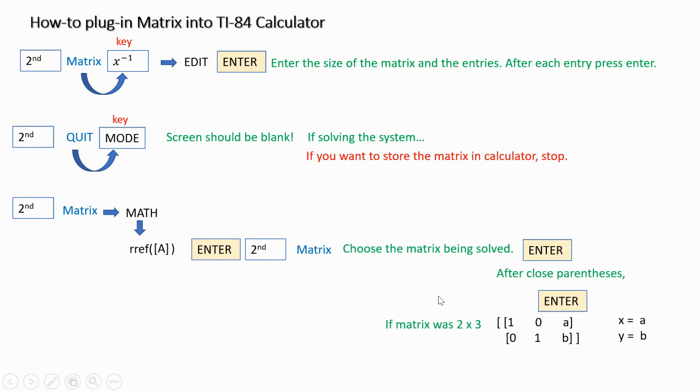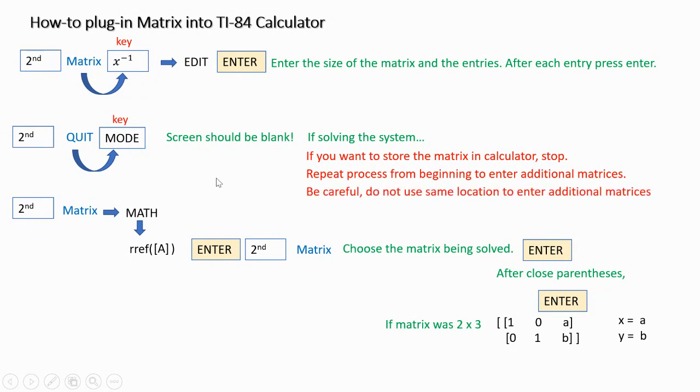But say you just want to put a matrix in there, like matrix A and matrix B, because you want to add them or whatever. You do only this part here, then second quit, and you stop. Then you repeat the process to enter another matrix. But be careful: do not use the same location to enter additional matrices.